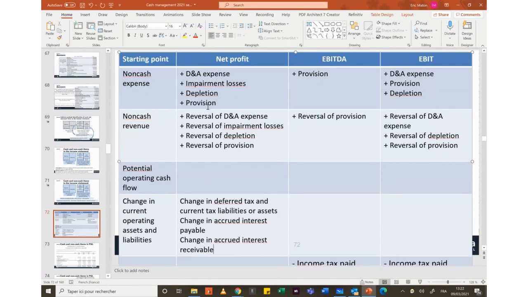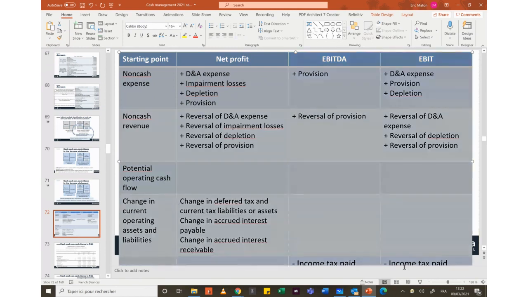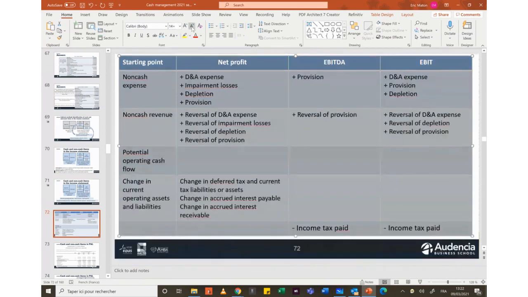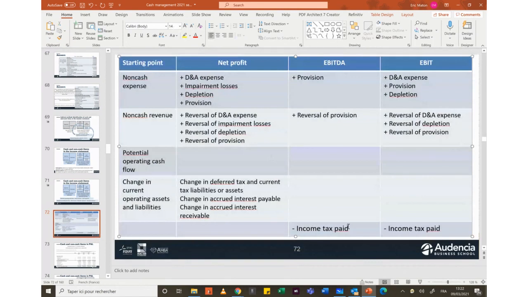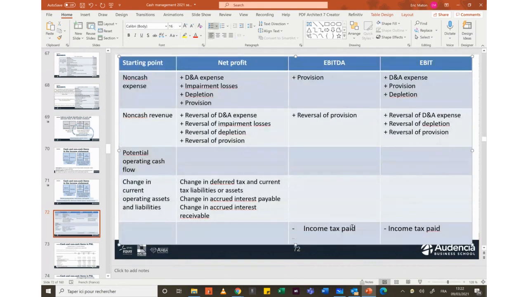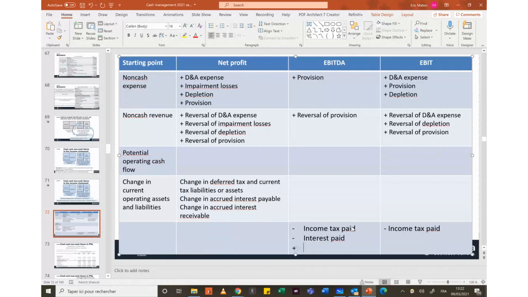In the other case, it's directly minus interest paid and plus interest received, because the interest paid and interest received is not already included.